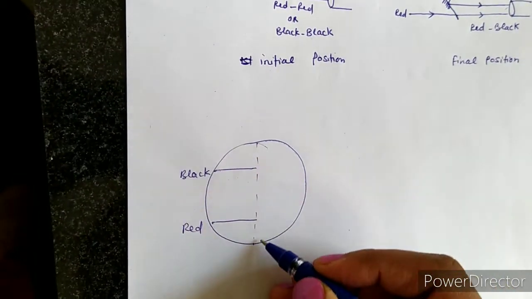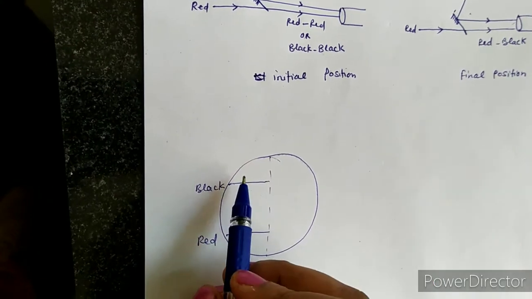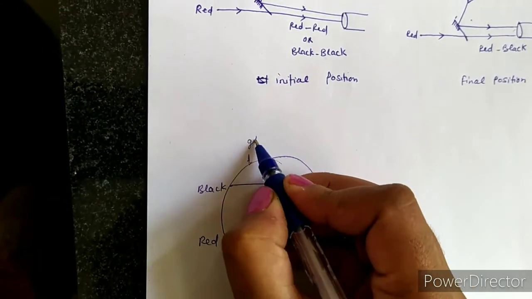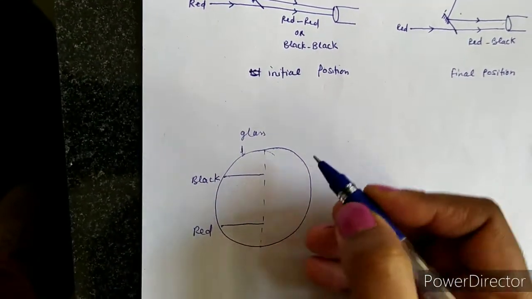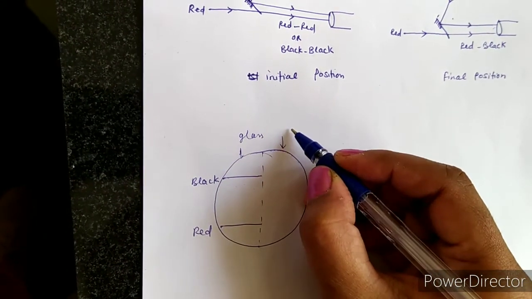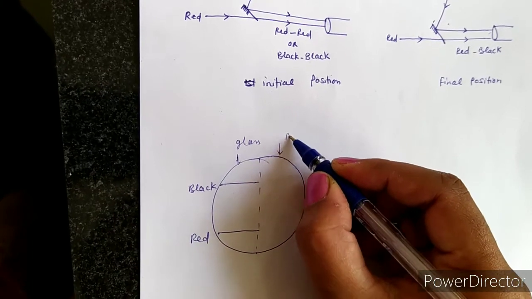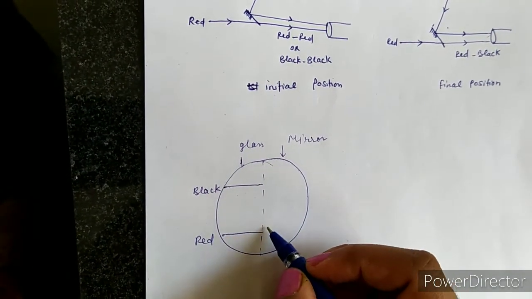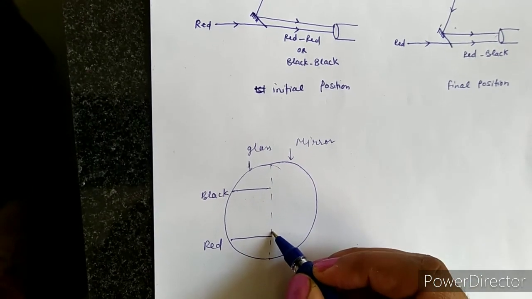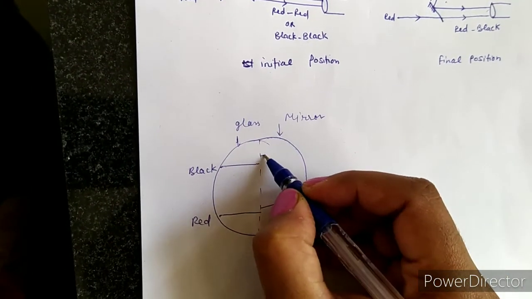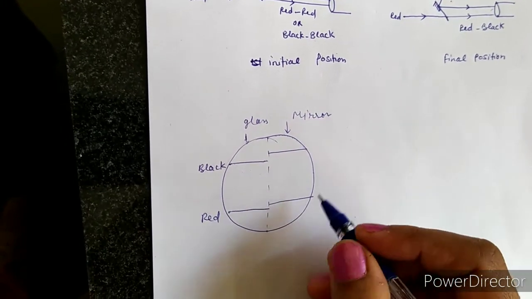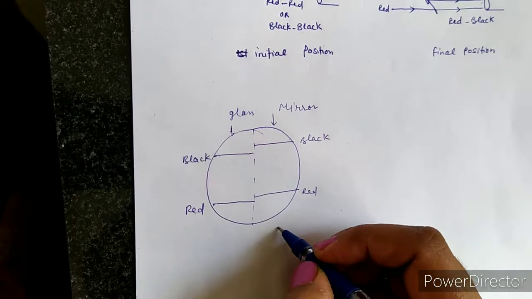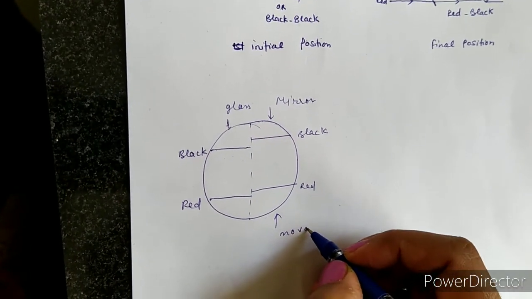I have divided the view in half, because the rays are coming through on the left side through glass, and on the right side after reflection through the mirror. So on the right-hand side the image is movable, and its position can be changed, the red one and the black one.